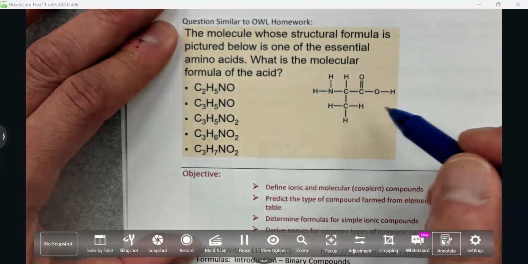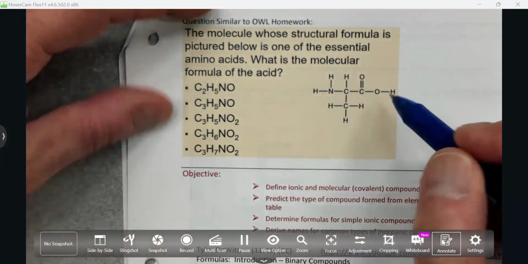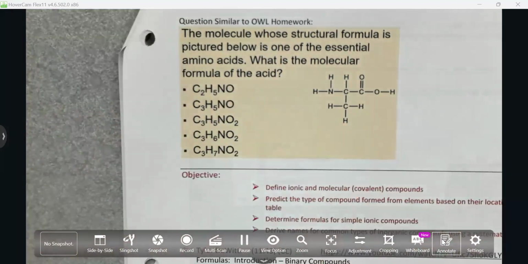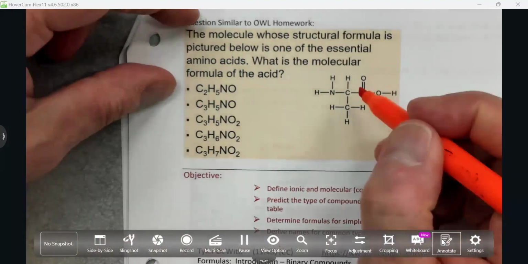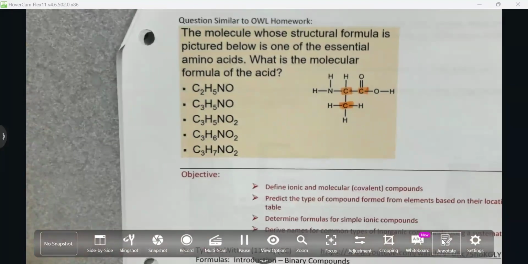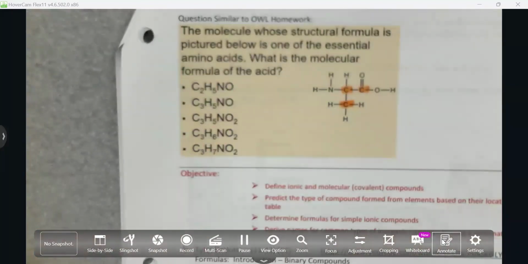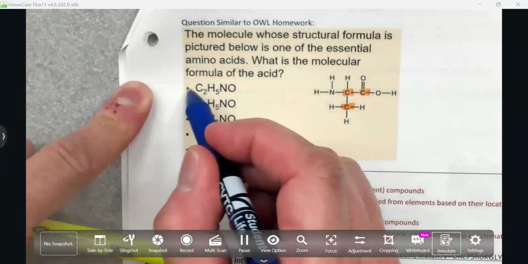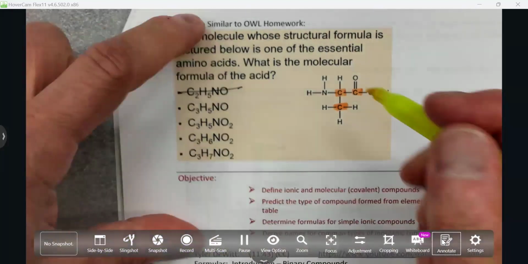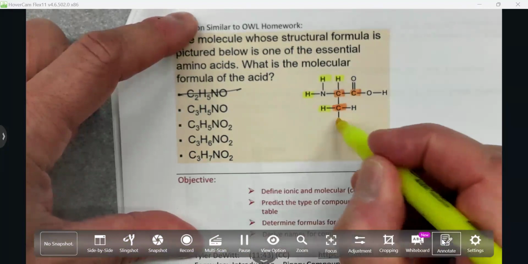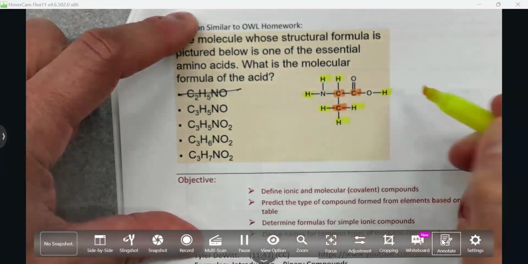And how many carbons do we have here? We have 1, 2, 3 carbons. Yes? 3 carbons. So this one's junk. We have 1, 2, 3, 4, 5, 6, 7 hydrogens.